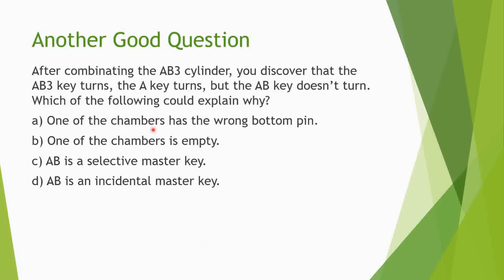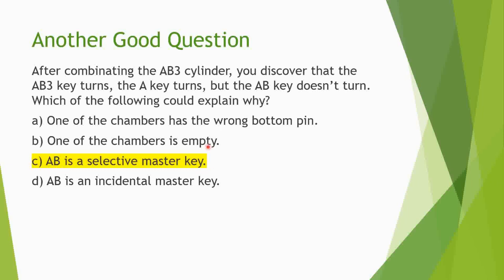Here's another way that the question could have been written. After you combine the AB3 cylinder, you discover AB3 key turns, the A key turns, AB doesn't turn. Which of these could explain why the AB key doesn't turn? Well, the correct answer is C. One possibility is that AB is a selective master key.